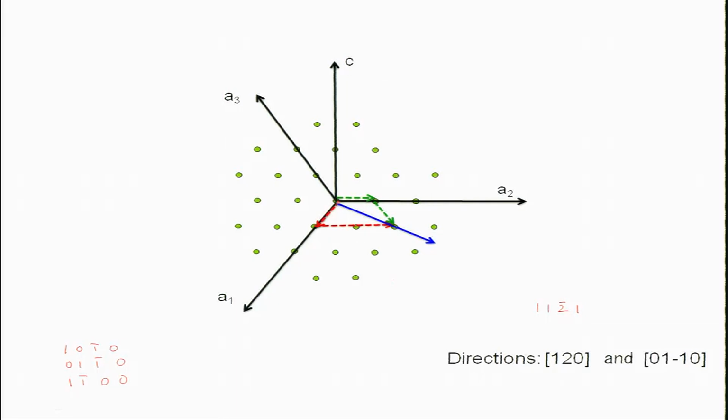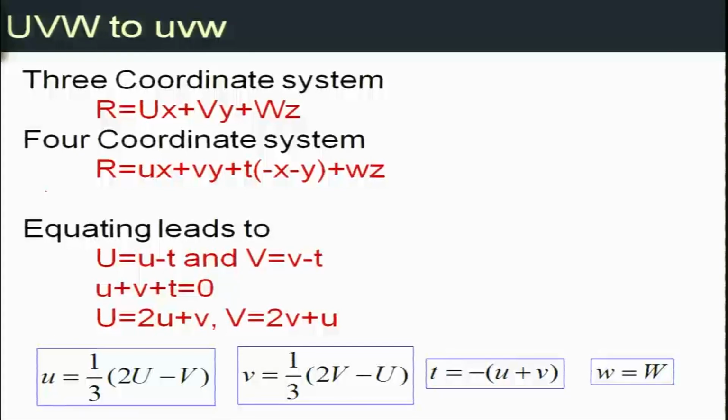So this will be nothing but, if you look at the direction [1 1 0], the [1 1 0] direction is nothing but the [1 1 bar 2 0] direction. [1 2 0] is [0 1 bar 1 0]. So you will have to make the conversions. For example, you have to use the formulas which I provided you: small u is basically 1/3 of (2U minus V), small v is 1/3 of (2V minus U), small t is minus of (u plus v).